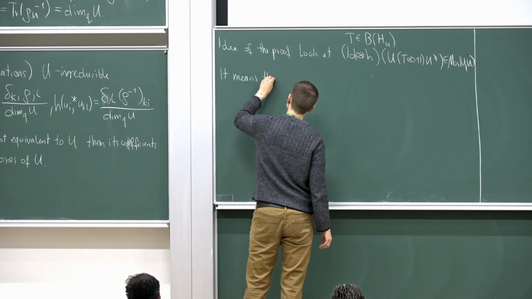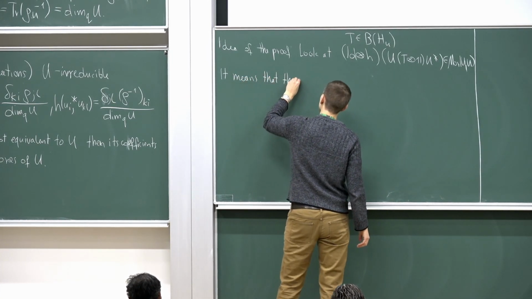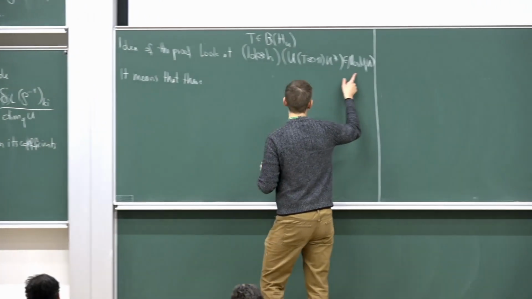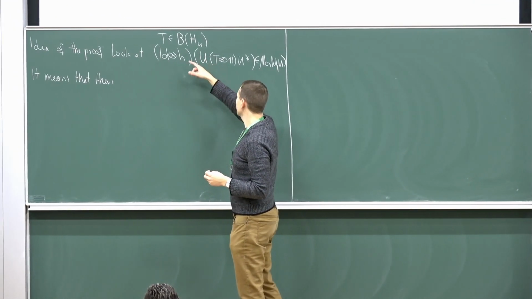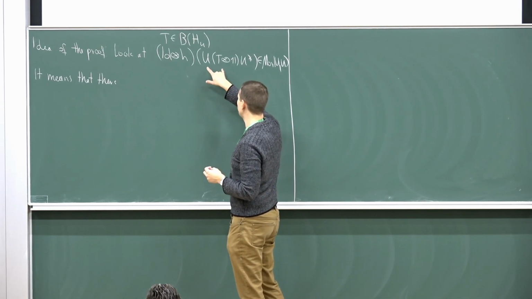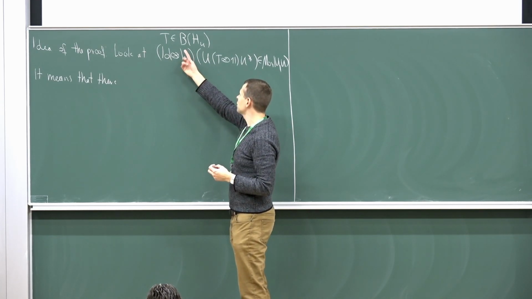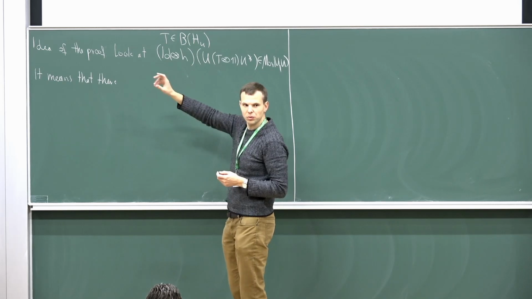So what it means is that it's basically a scalar. So basically this map is a functional, and it's a positive functional because it's positivity preserving. So basically, it's given by some sort of positive matrix with respect to the trace.